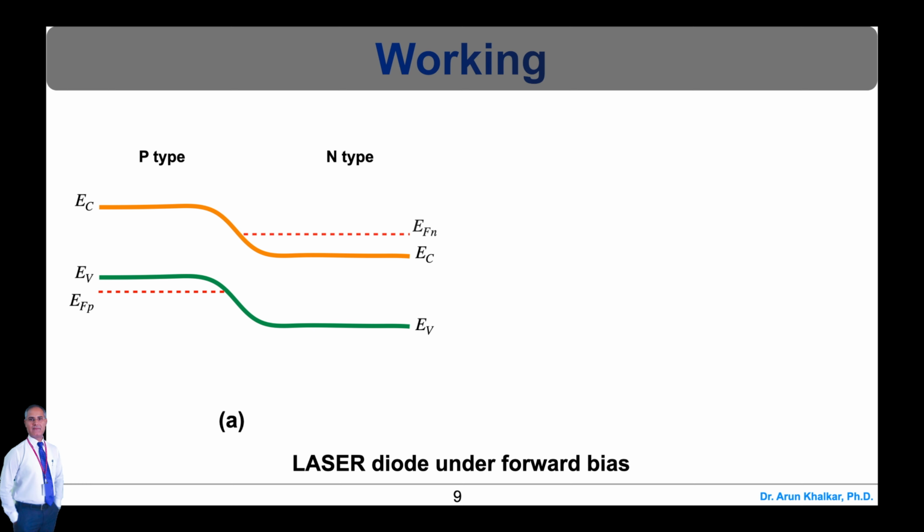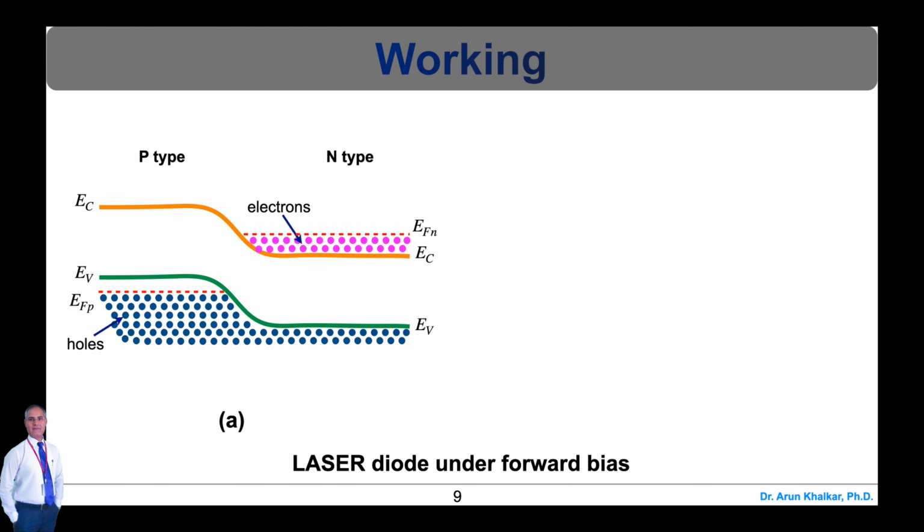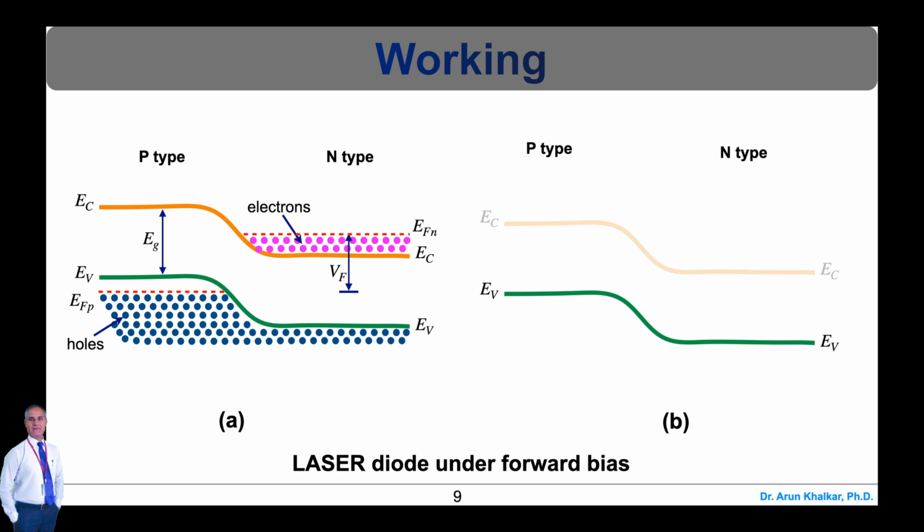When the diode current reaches a threshold value, as shown in figure B, the carrier concentration in the junction region will rise to a very high value. As a result, the region small d contains a large concentration of electrons within the conduction band and simultaneously a large number of holes within the valence band.